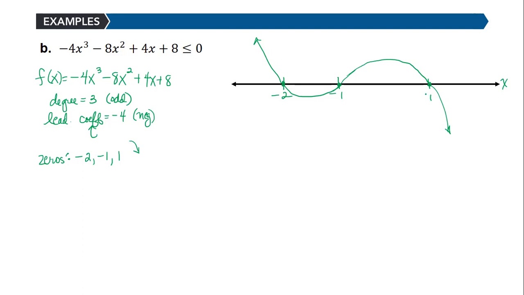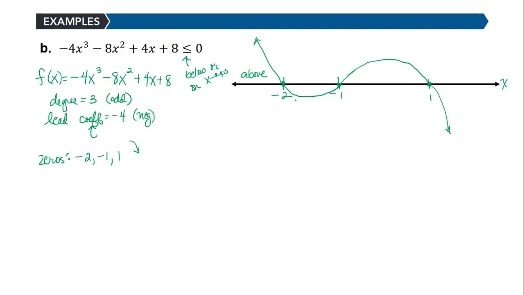And then it's got to go up and turn back down to be able to cross at the x-intercept of 1. And so I'm trying to find the values of x for which this function is negative or 0, and that means where the graph is below or on the x-axis. And so we know to the left of negative 2, it's above the x-axis.